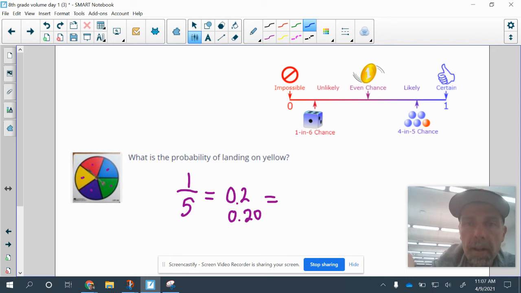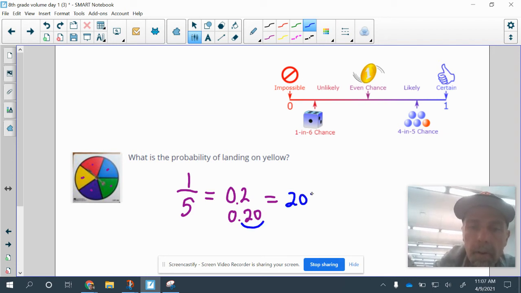And if I move the decimal over 2 times, I get my percent. So that's pretty easy.